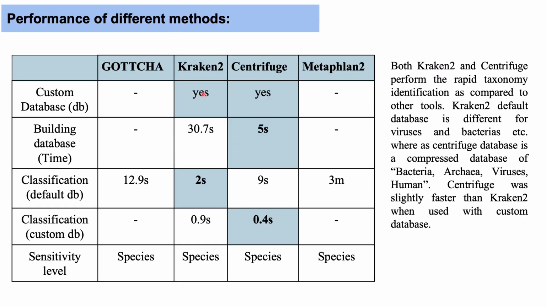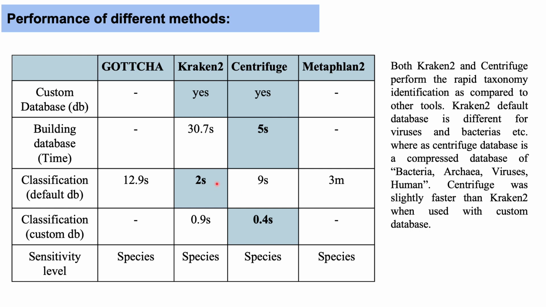Here we can see Kraken2 and Centrifuge perform rapid taxonomy identification as compared to other tools. The Kraken2 default database is different for viruses and bacteria, etc., whereas the Centrifuge database is a compressed database of bacteria, archaea, viruses, and human.